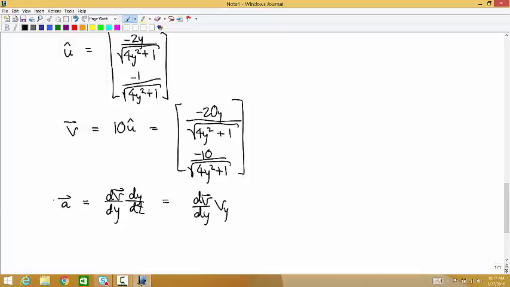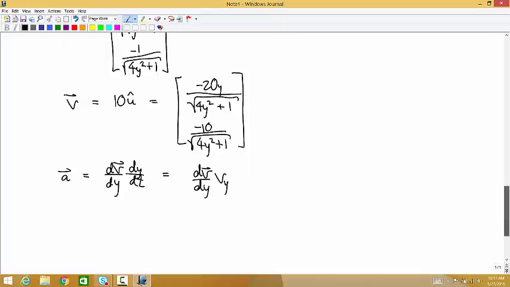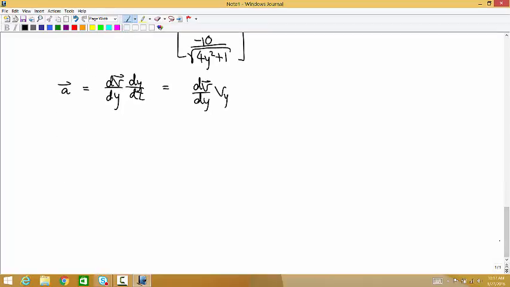Okay. So the last thing that I want to talk about having to do with, what are we talking about? Particle kinematics. Is rolling without slipping.